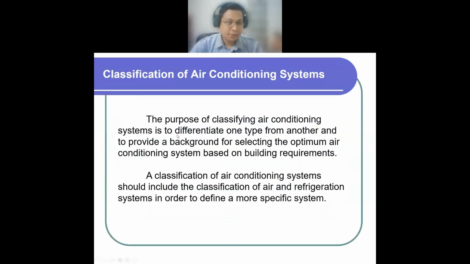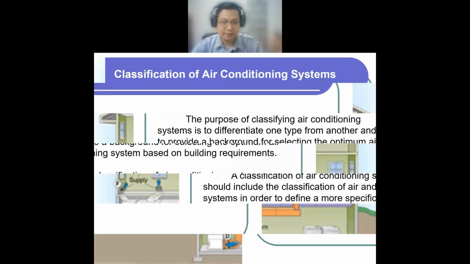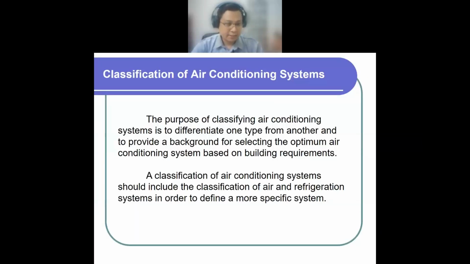Today, the purpose of classifying air conditioning systems is to differentiate one type from another and to provide a background for selecting the optimum air conditioning system based on the building requirements. A classification should include the classification of air and refrigeration systems in order to define a more specific system.